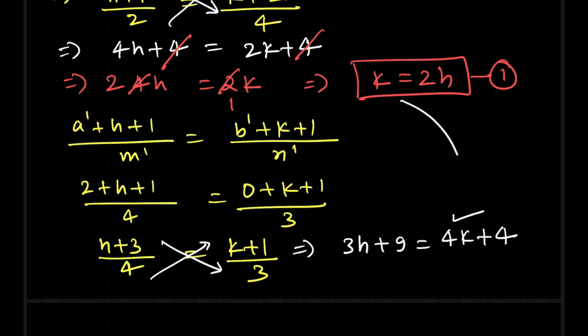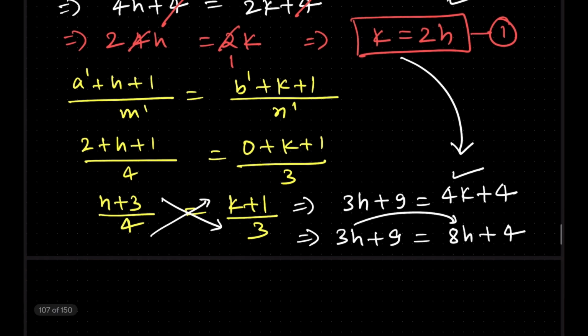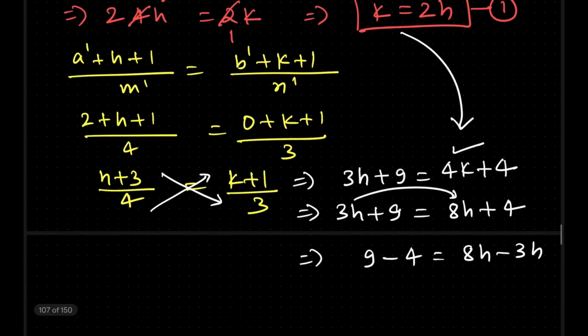So now in place of 4k, substituting this, if k is equal to 2h, 4k will become 8h. So 3h plus 9, in place of 4k you can write 8h plus 4. So bring this 3h on RHS, so you will get 9 and this 4 on left hand side, minus 4 and 8h minus 3h.